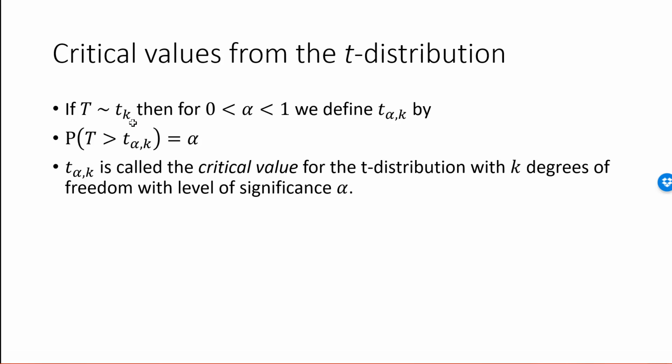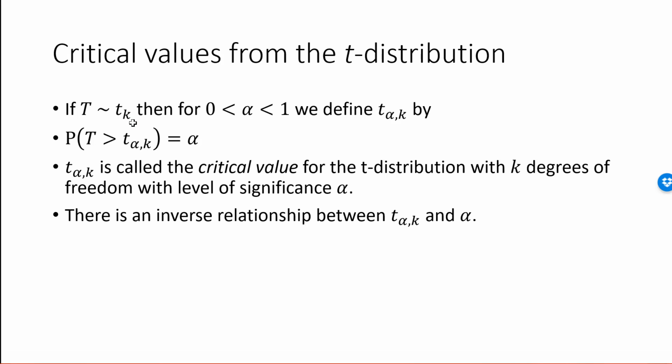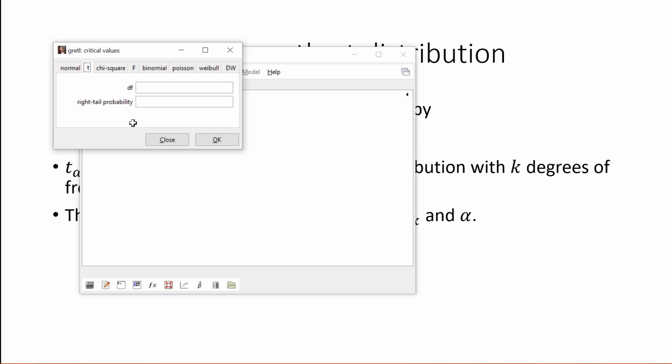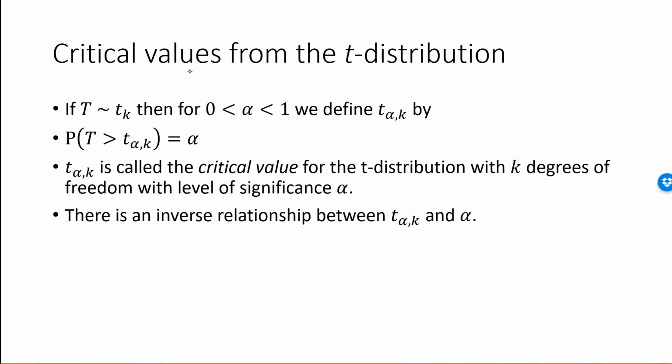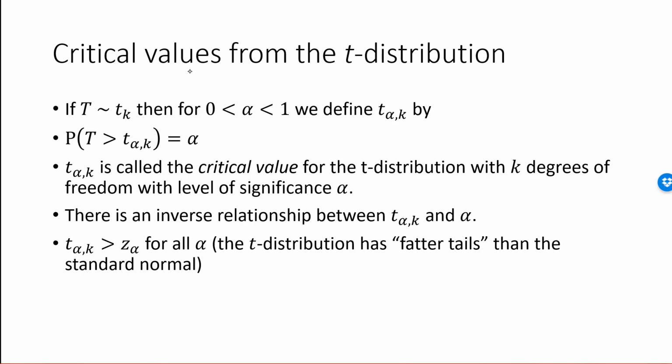So we have this, again, inverse relationship between t alpha k and alpha. And as we mentioned before, it is very easy to find the critical values from, let's say, Gretl's statistical tables. Here's the point: the corresponding t critical value is always greater than the corresponding z critical value for all alpha, no matter what the value of k is.